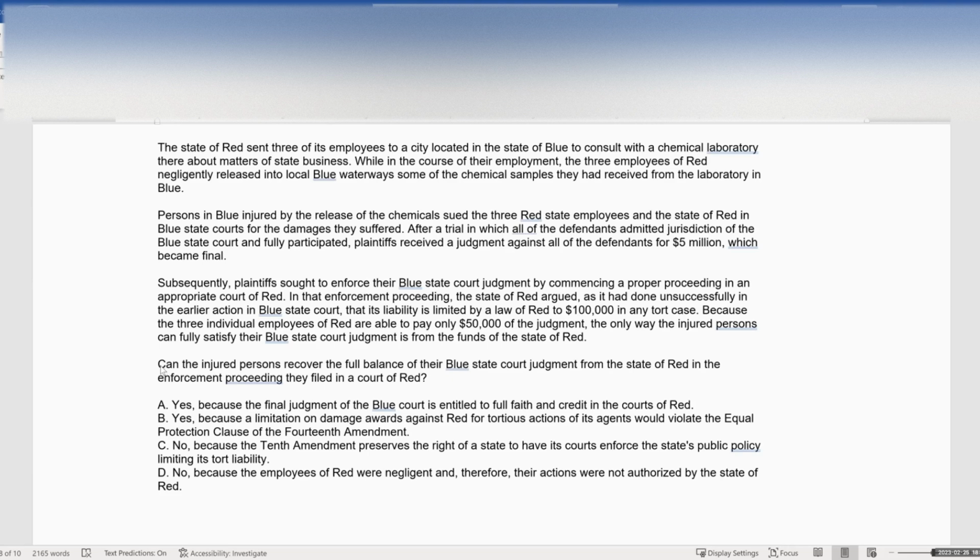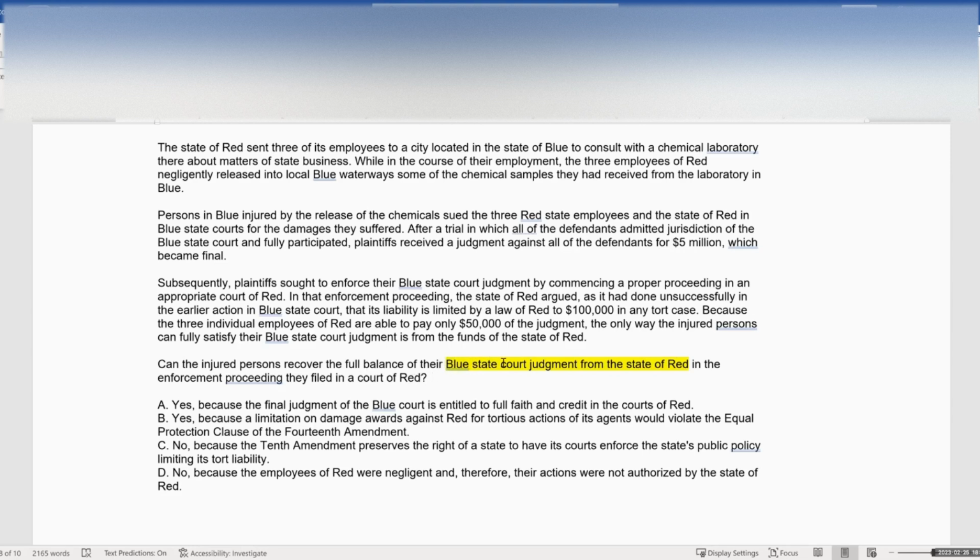The call of the question is, can the injured parties recover the full balance of their blue state court judgment from the state of red in the enforcement proceeding they filed in a court of red?